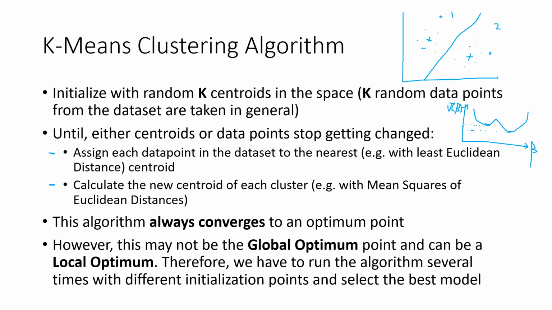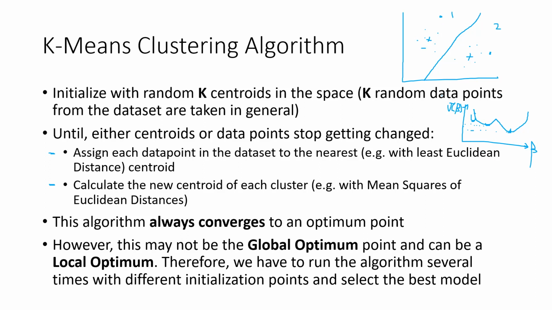This is the global minimum, right? So if we start from here and move in this direction with this algorithm, you will come to this point, but not this point, right? So K-means clustering can converge into a suboptimal solution.